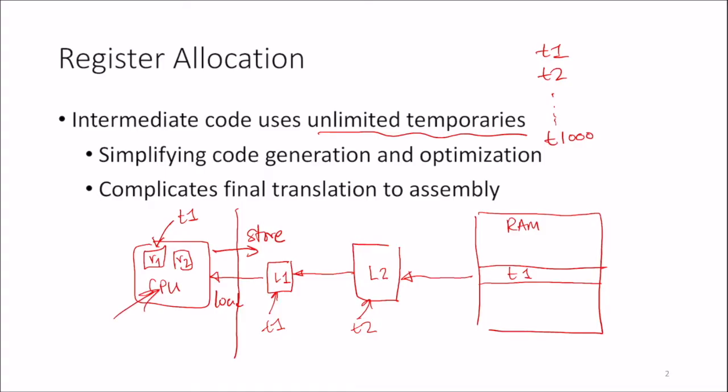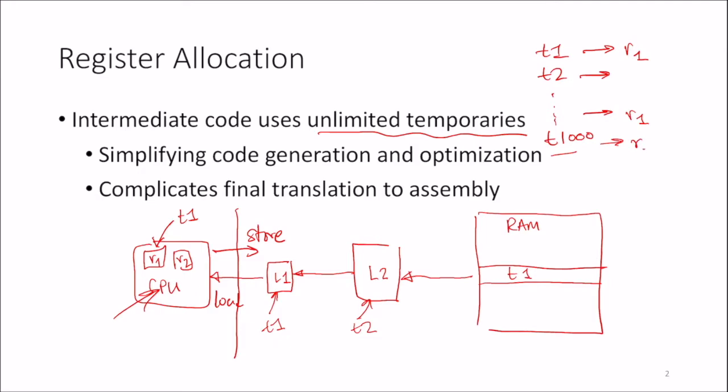Certain CPUs might have 16 registers, some might have hundreds. And so it depends on the CPU architecture how efficient you can make your code, and how you can convert these temporary variables into registers. Obviously, you cannot convert all 1,000 of these into registers, so you'll have to reuse them somehow.